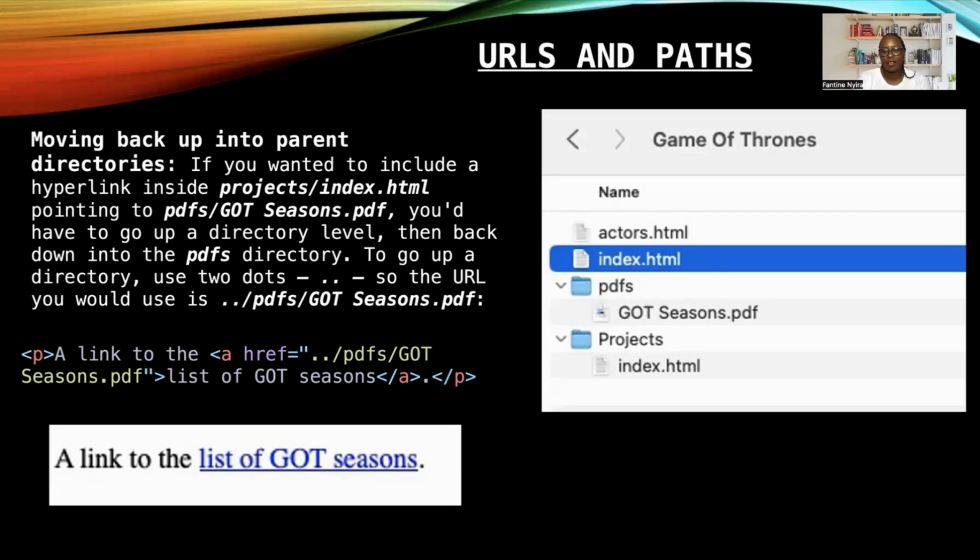Up is two dots, dot dot, which goes up to the parent, which is the root. One dot is the current directory, which is project. Two dots takes you to Game of Thrones, and then you put the PDF directory and go to the seasons file. So this is how the URL and the path work.